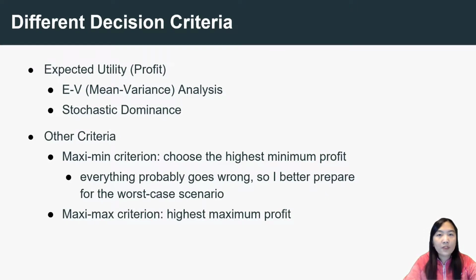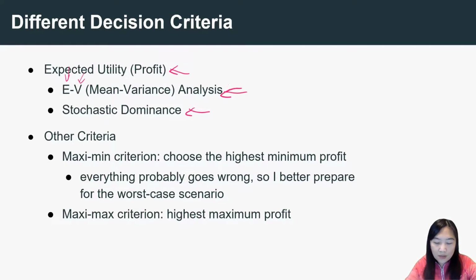There are a lot of criteria that we can use to help the decision maker make decisions. One is called expected utility or expected profit. And under this expected profit, there are actually two methods to analyze the expected utility. One is EV, or the mean variance. So E is expected value or mean, and V here is variance.